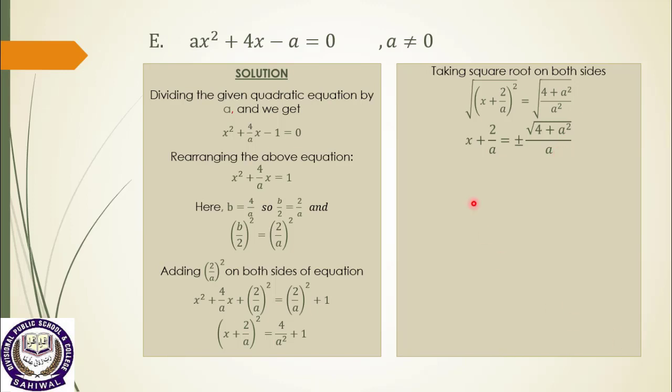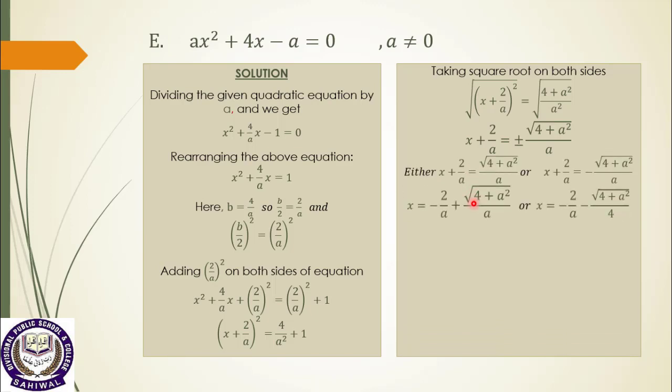Which means that x plus 2 over a is either equal to square root of 4 plus a square over a, or x plus 2 over a is equal to minus square root of 4 plus a square over a.